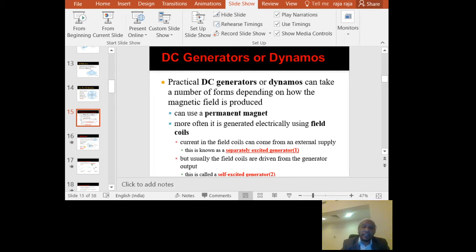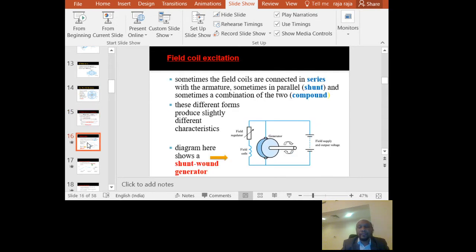Okay, and the next slide is field coil excitation, where they show you a shunt wound generator. We can classify self-excited generators as series, shunt and compound. So what is the series type of generator?